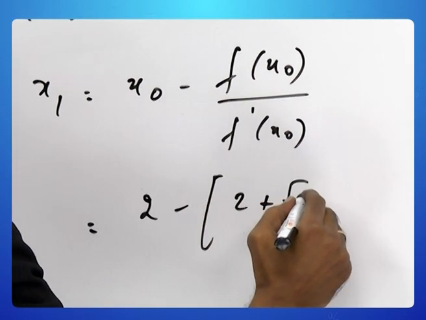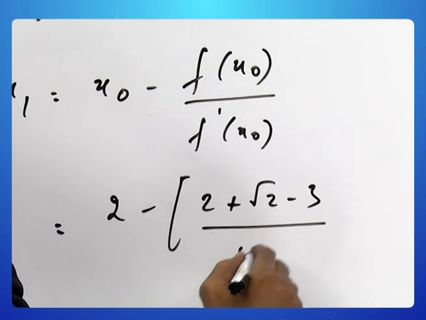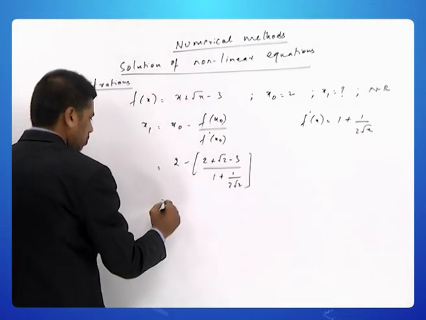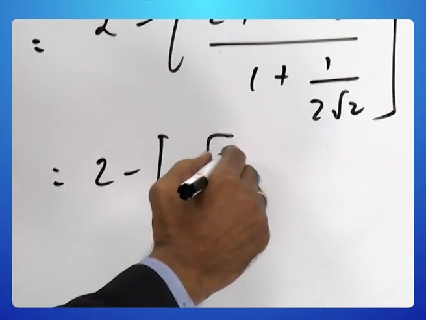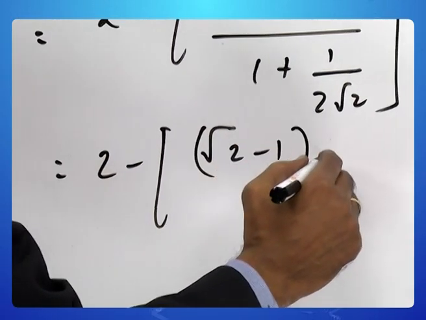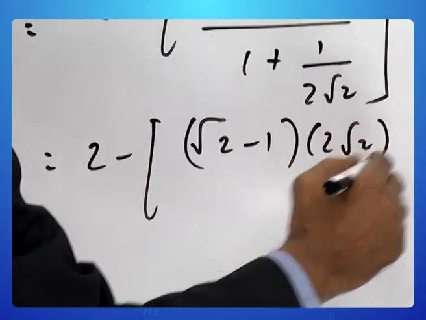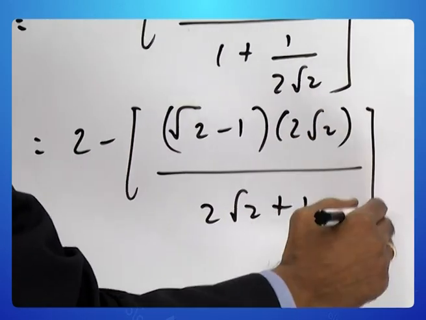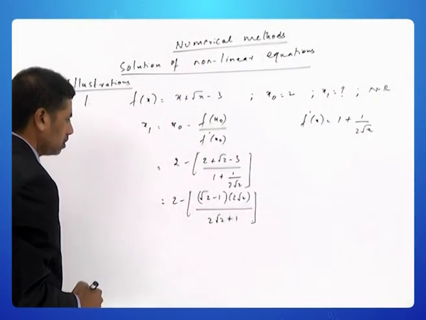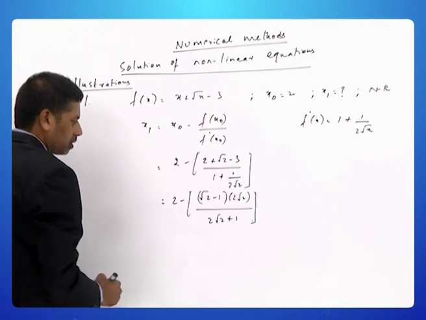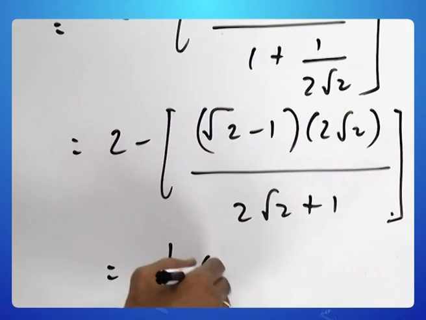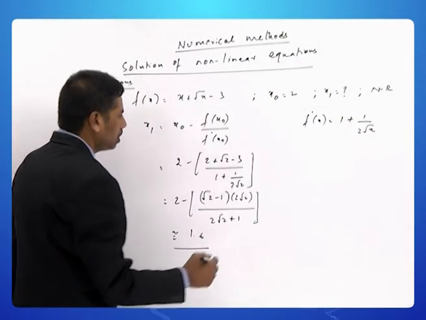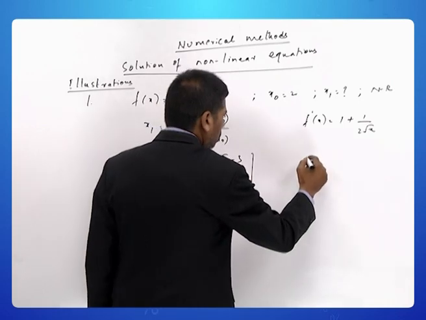So (2 + √2 - 3) / (1 + 1/(2√2)). So this is 2 - (√2 - 1)(2√2)/(2√2 + 1). All that you need is a calculator and the answer is around 1.6. You have to use a calculator, which is available to you, and this corresponds to option C.